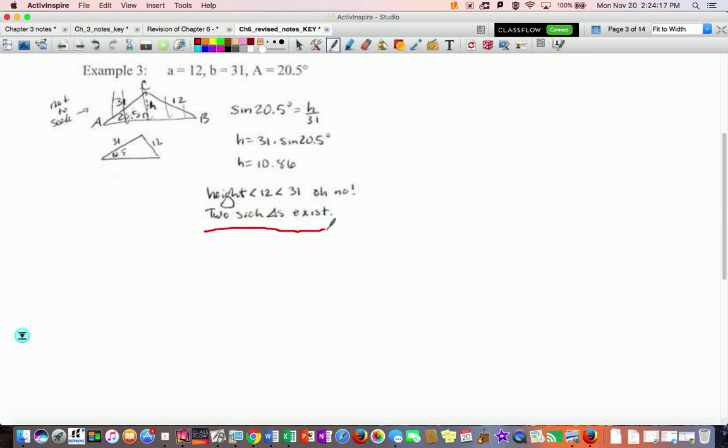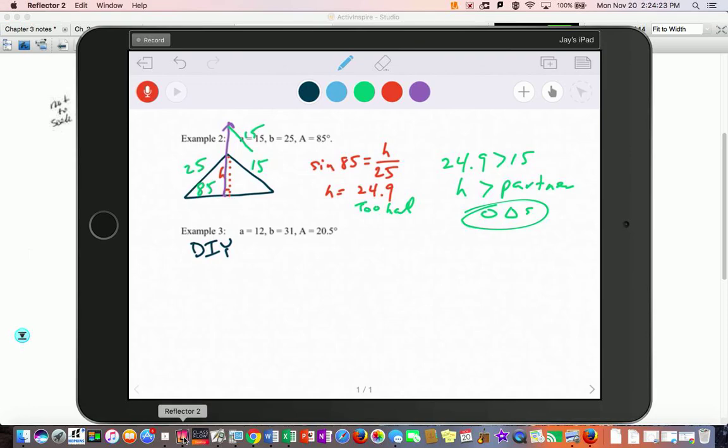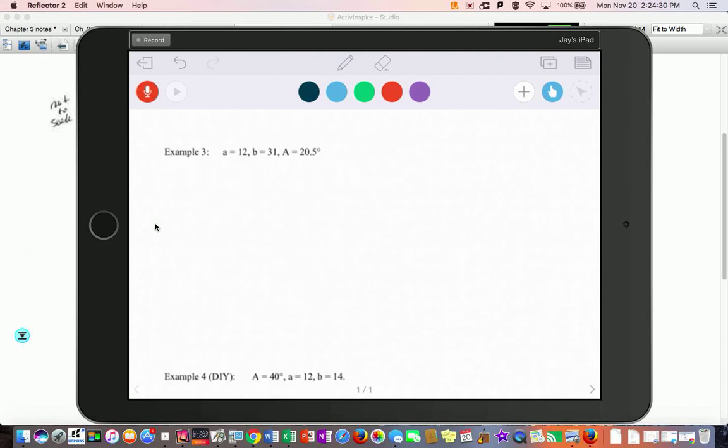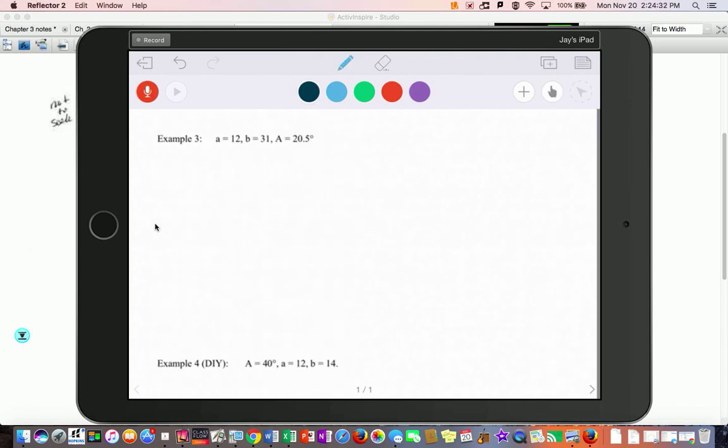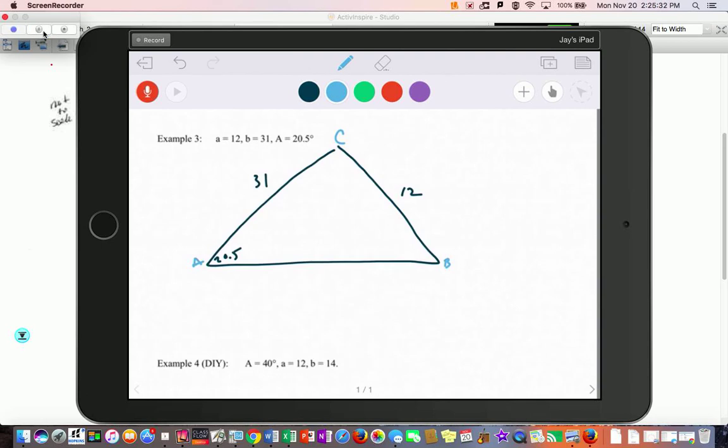Now, how can we go about finding them? Let's take a look. All right, so now I know there are supposed to be 2 triangles.